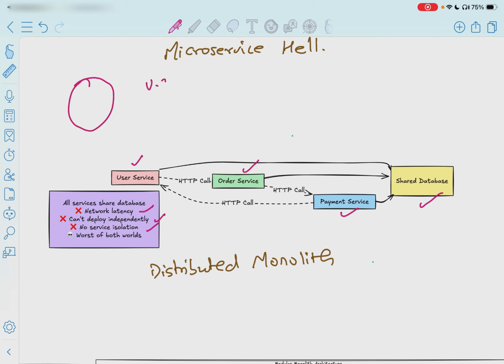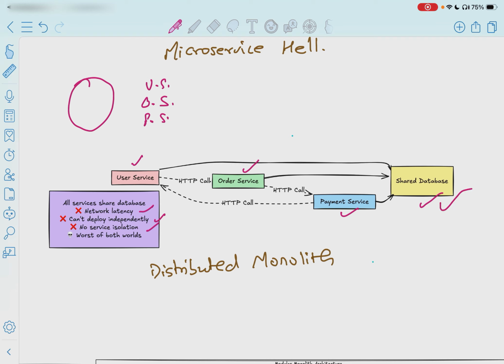For example, now you have user service, you have segregated order service, and let's say you have segregated payment service. So you have three services available here. But you forgot to remove the tight coupling. Maybe one of these services is using shared API contracts, and these are still using the shared database.